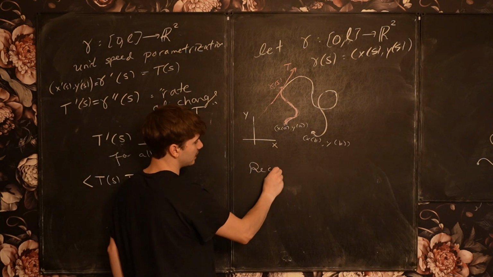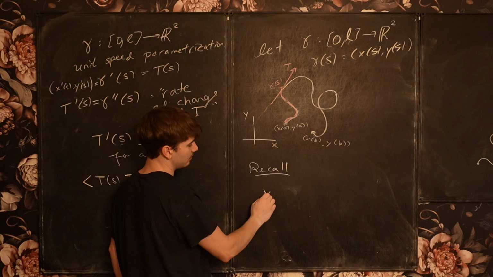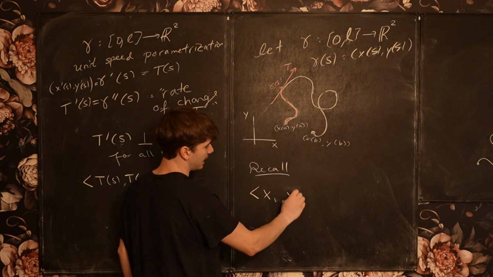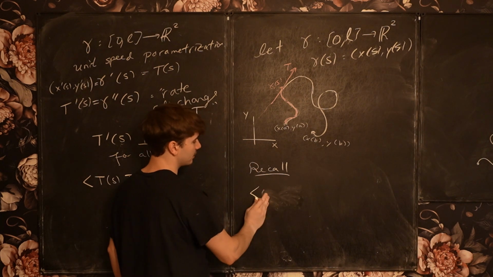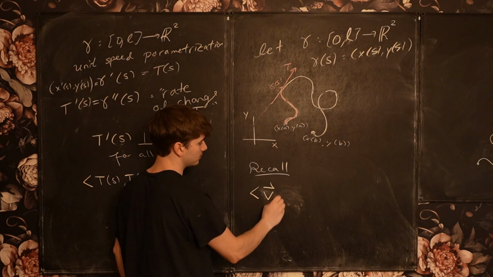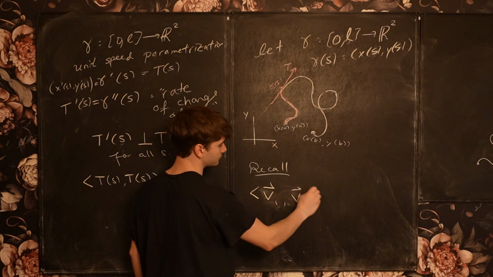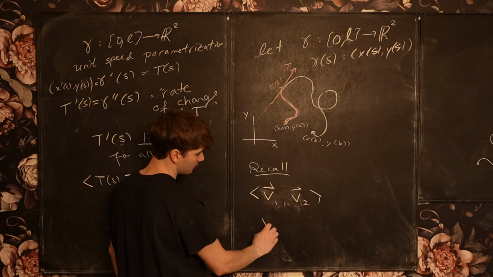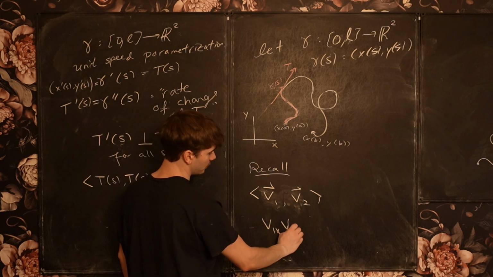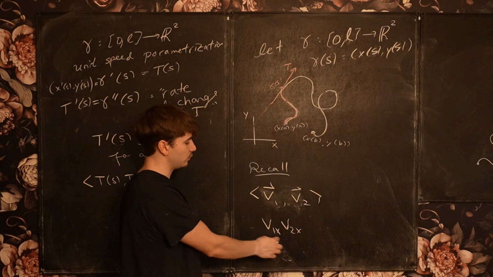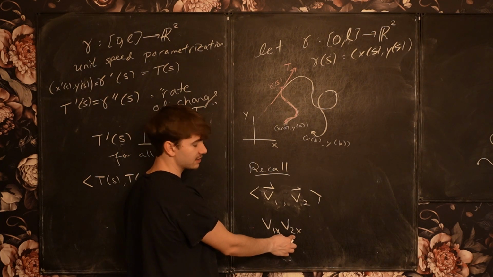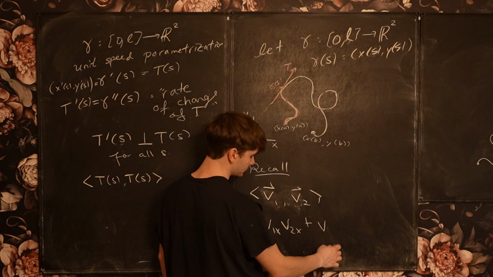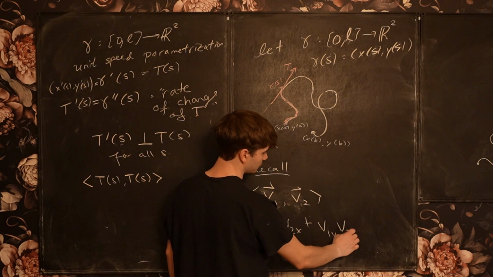Recall that the inner product of two vectors, let's say v1 and v2, is going to be v1x times v2x, where v1x is the x component of v1 and v2x is the x component of v2, plus v1y times v2y.